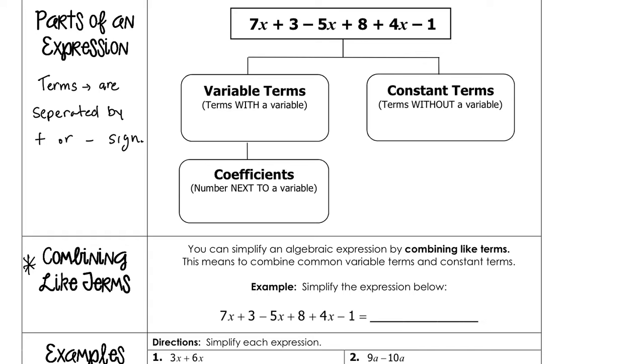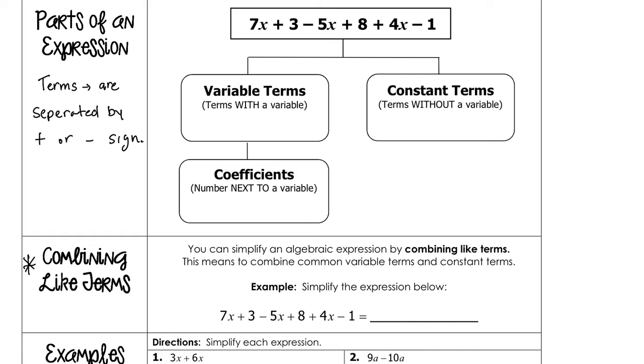The parts of an expression, it's pretty simple. Parts that have a letter, with a number or just a letter, are called variable terms. If I look at this expression that says 7x plus 3 minus 5x plus 8 plus 4x minus 1, what I notice is that some of these things have a variable and some do not.